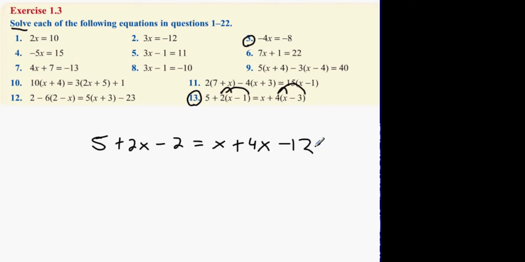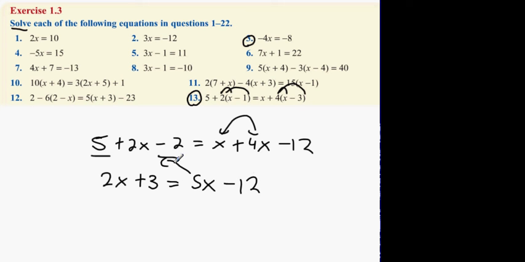Now guys, in a scenario like this, you get 2x, and you work the 5 and the minus 2 off each other, and you get plus 3. On the other side, x plus 4x is 5x, and then minus 12. Bring the x's to one side, bring the numbers to the other side.